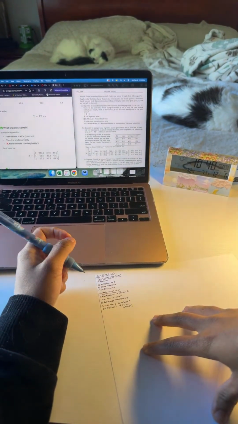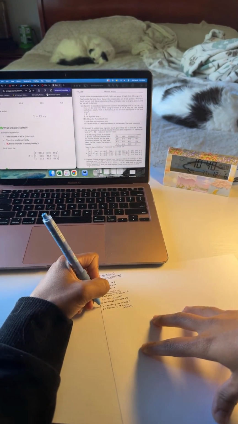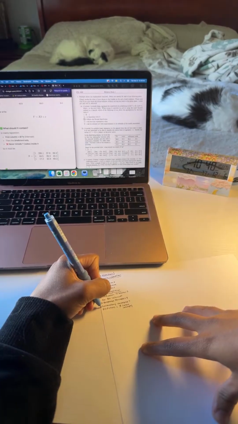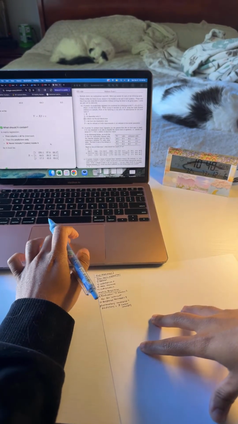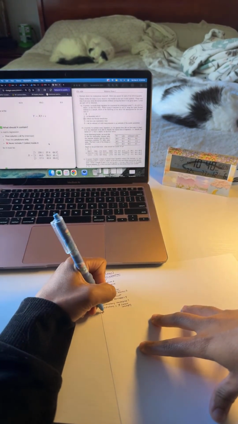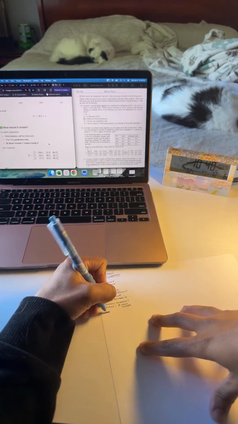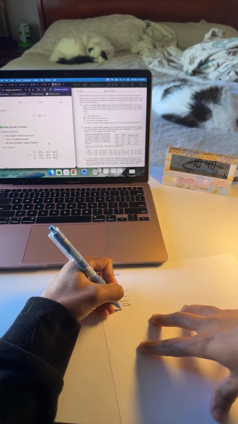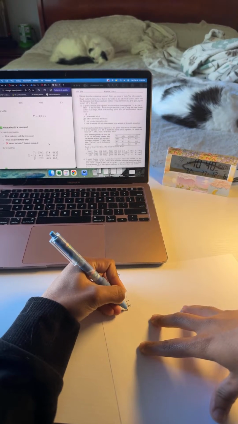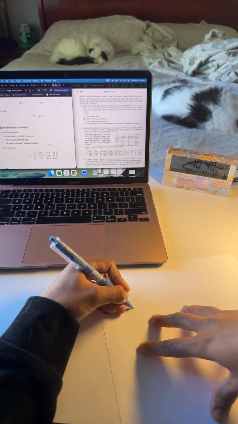Okay. Explanatory variables. So in this case, it's sales. Oh, not sales, bro. Newspaper, TV, and radio.